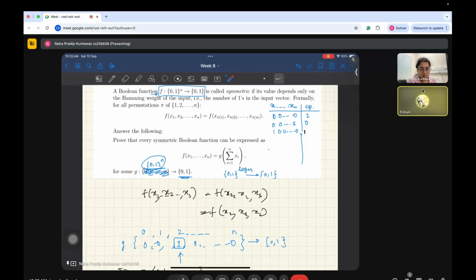Instead of taking all the values as 1, let us take two values as 1 and one as 0. Then f of x1, x2, x3 should be the same as g of 2, if any two values are 1.